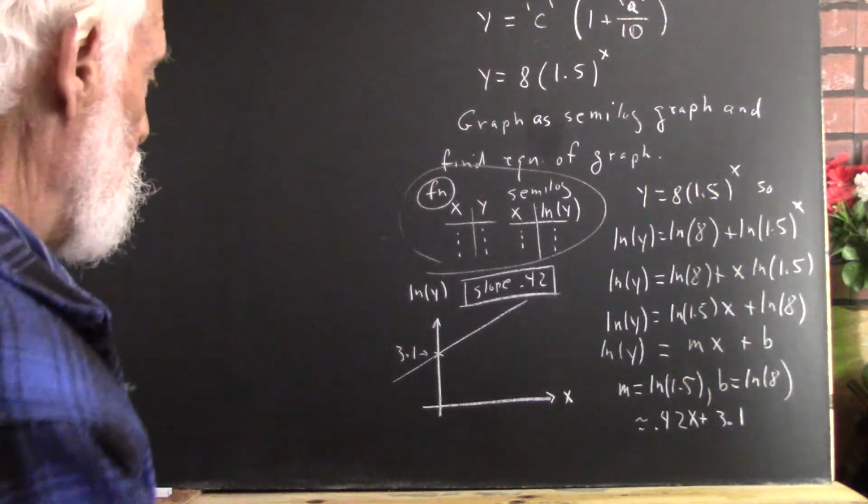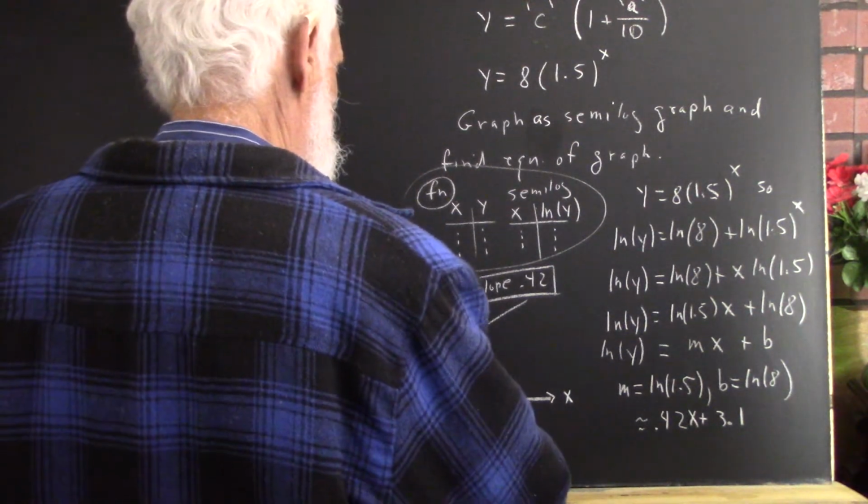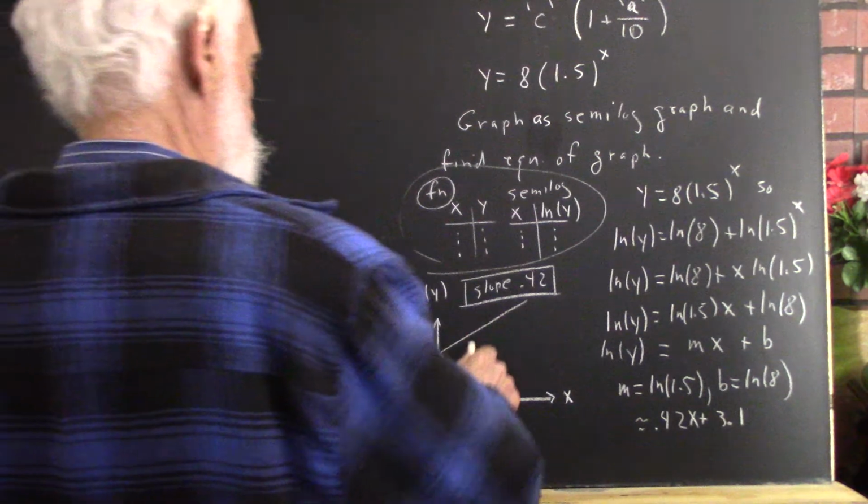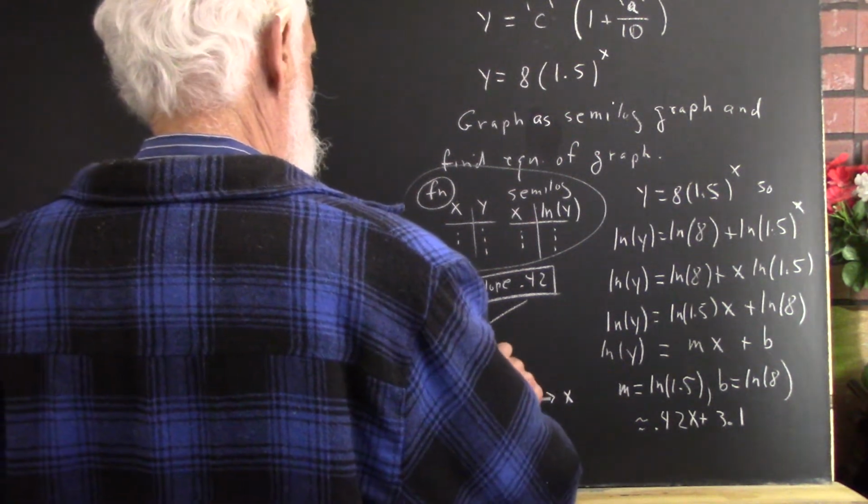And if you wanted to graph that, you know, when x is 1, well then you'd add 4.2 to 3.1, you get 3.52, so you'd have the point.